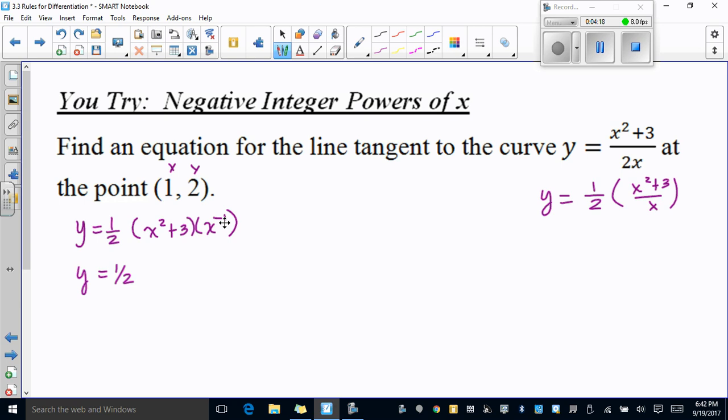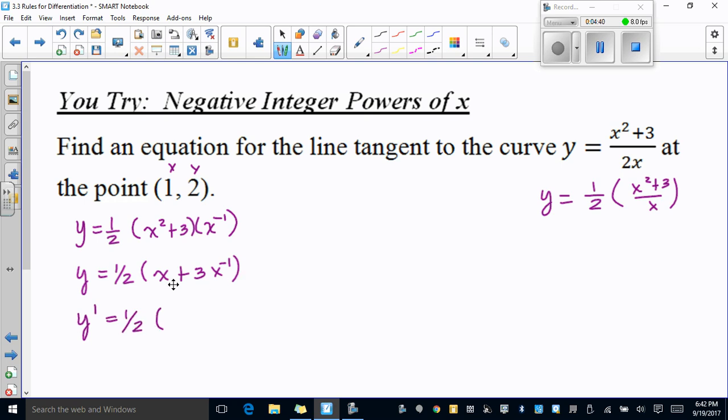x times x. Well, I have exponents. 2 minus 1 is just 1, so this is going to give me x plus 3 times x to the negative 1 power. This 1/2 is just a constant. We don't have to touch it until the very, very end. So my y prime is going to equal 1/2 times whatever the derivative inside the parentheses is.